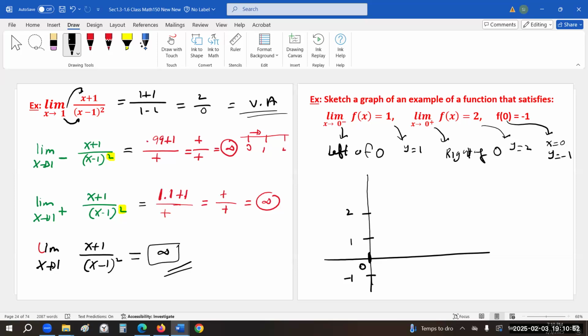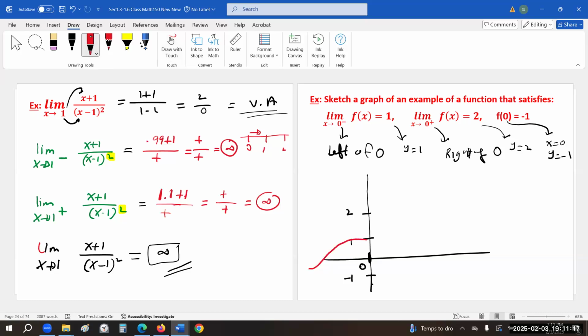Okay, then go ahead. So from the first one, when it says the limit as x approaches 0 from the left side equals 1, on the left side of the graph where the negative x values are, you could make a curve that points to the y value of 1. That would represent that specific limit. Something like this.